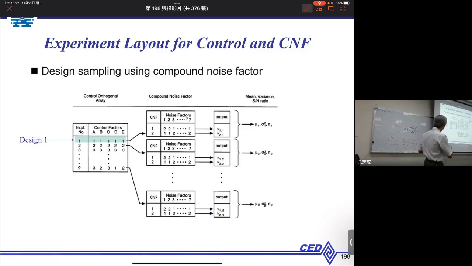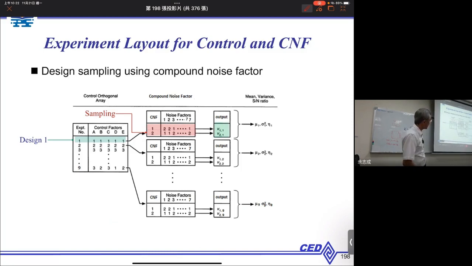For design number 1, if you are using L9 by L4, we were using 4 samples, right? But now we only do 2 samples. The first sample is compound noise level 1. The second sample is compound noise level 2.